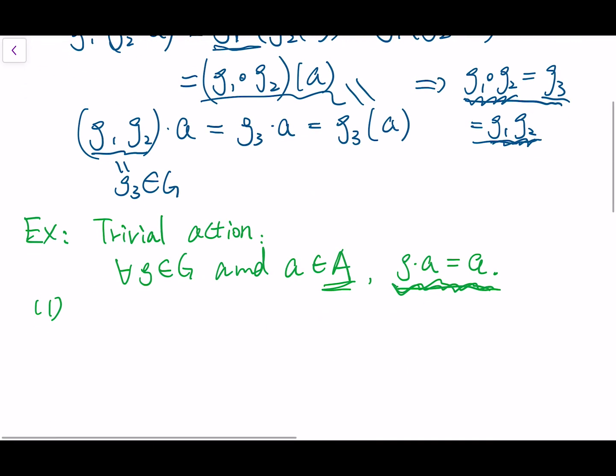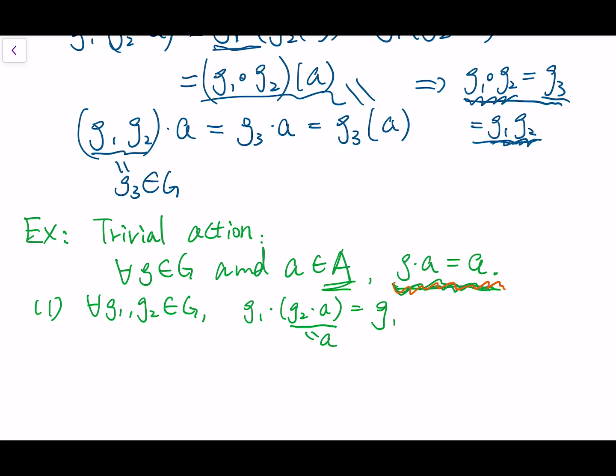So if we have G1, G2 in the group G, then G1 applied to G2 applied to A is equal to, for G2 acting on the element A, because of this definition of the trivial action, we should get A itself.